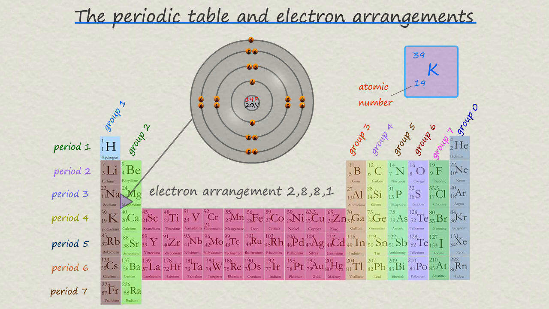The first 3 electron shells are all full, and there is 1 electron present in its outer shell. Having 1 electron in its outer shell means that potassium will be in group 1 of the periodic table, and having 4 shells or 4 energy levels means it will be in period 4 of the periodic table.